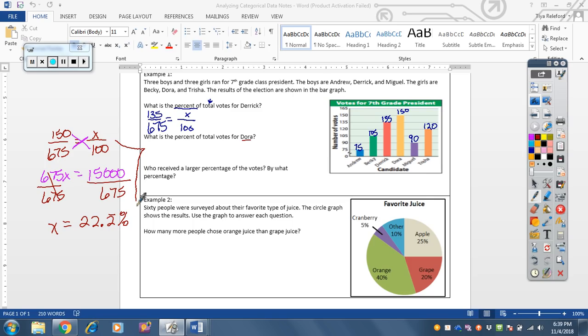So all this work I did for Dora. I have 22.2%. I might be wrong. Now the question says, who received a larger percentage? Well, I can tell you Dora did because she got more votes. And by what percentage? So you're going to have to subtract 22.2% repeating minus what Derek gets to decide how much more percentage Dora has.